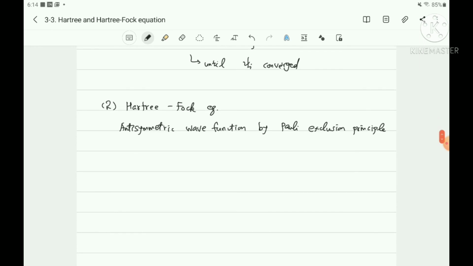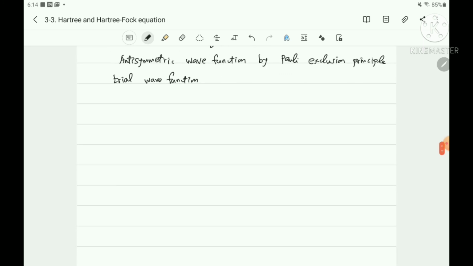Then the trial wave function may have this kind of form. Here R1 is the spatial part, S1 is the spin, R2, S2, and for n electrons, Rn, Sn.